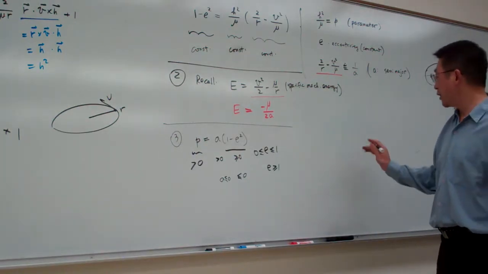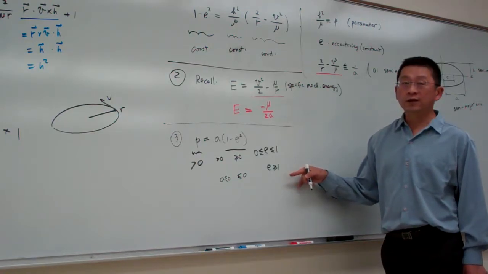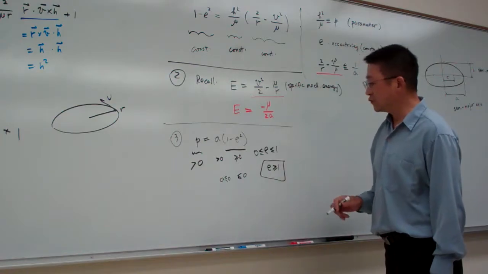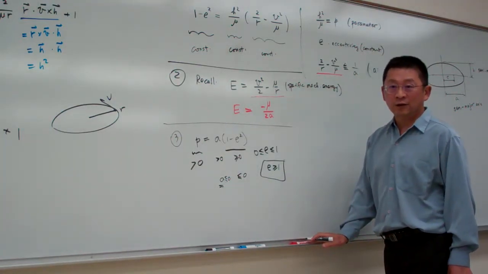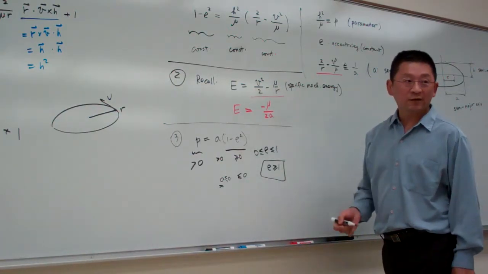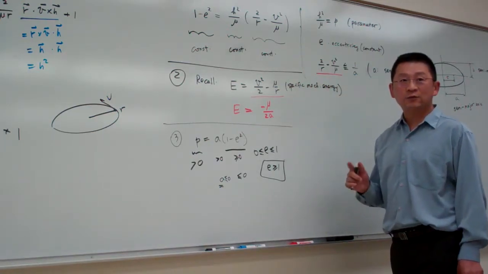So when we go to the scenario next week, when E is greater than or equal to 1, then the semi-major axis becomes negative. I will remind you about the point once we get there, and don't feel weird about it.